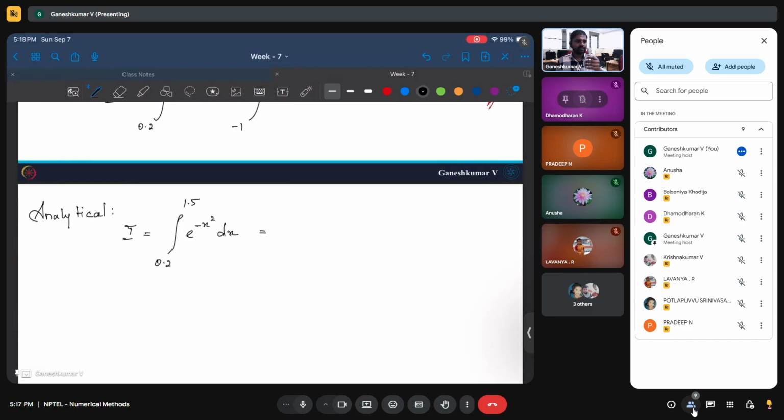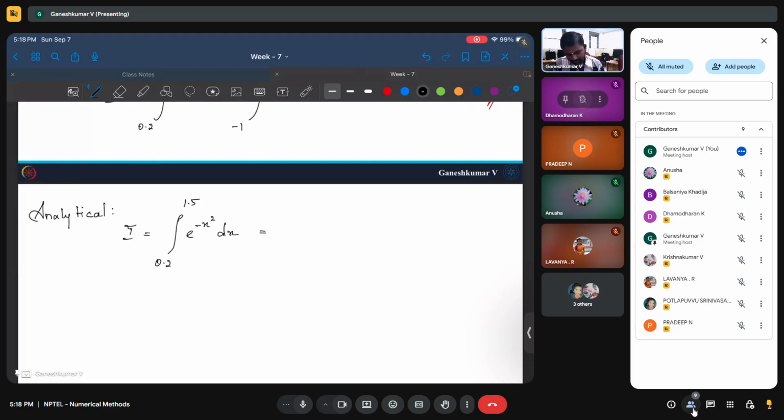How do you integrate this? Actually, we don't have any method to integrate this. This is a special function, and it does not have an antiderivative.